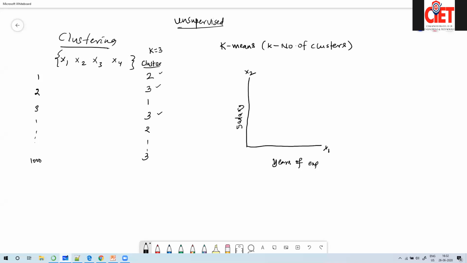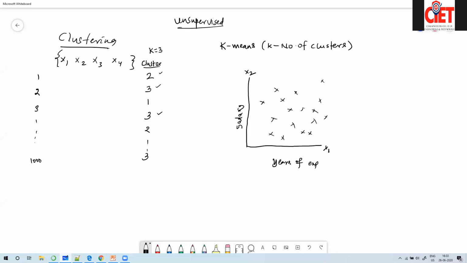Okay, let's see how to do it. Now we have observations like this. So these are our observations typically. Now we want to group these observations into, let's say, 3 groups. What could those 3 groups look like in an ideal case?